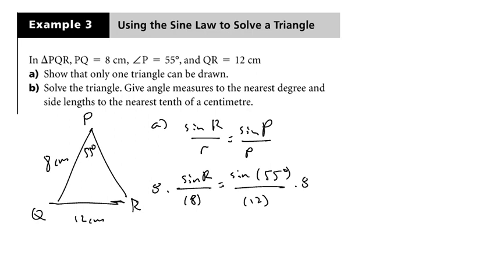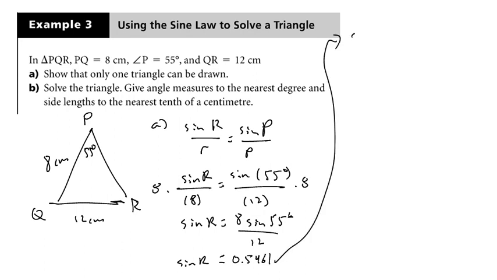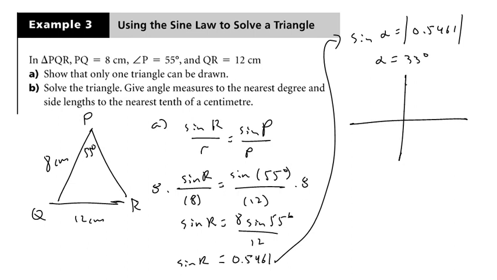Times 8 on both sides, I get sine R equals 8 times sine 55 over 12, which means that sine R approximately equals 0.5461. Which means that our reference angle, sine alpha, equals the absolute value of 0.5461, which means that alpha is approximately 33 degrees.